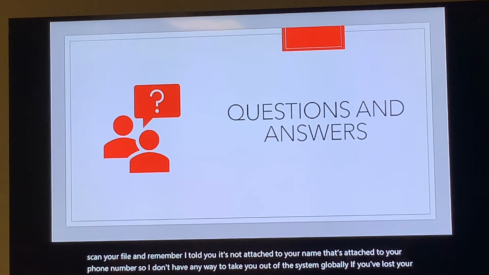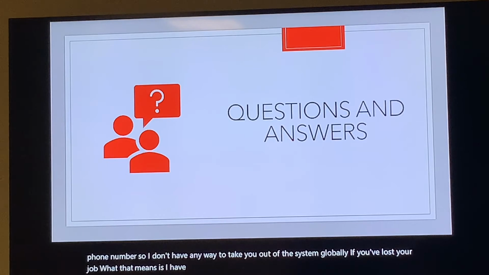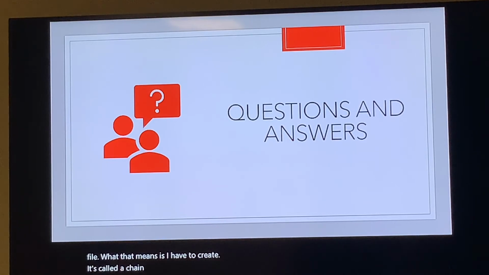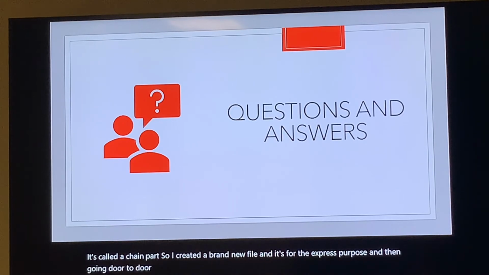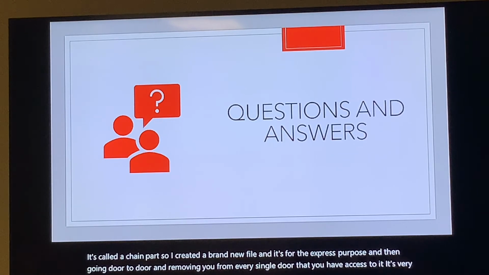What that means is I have to create what's called a change card. So I create a brand new fob, and it's for the express purpose of then going door to door and removing you from every single door that you have access to. It's very labor intensive.